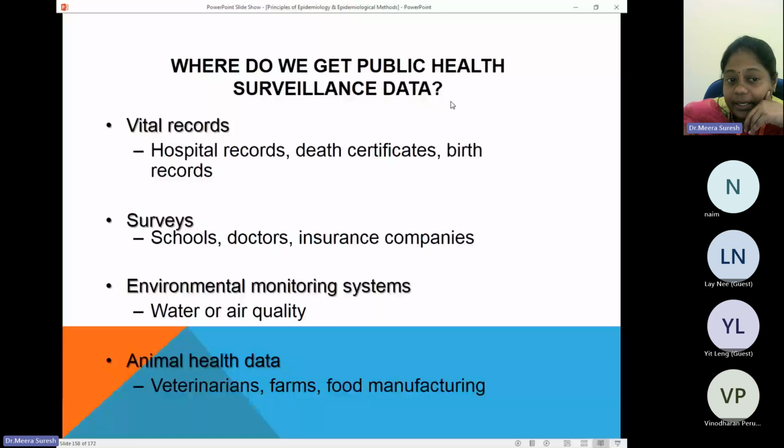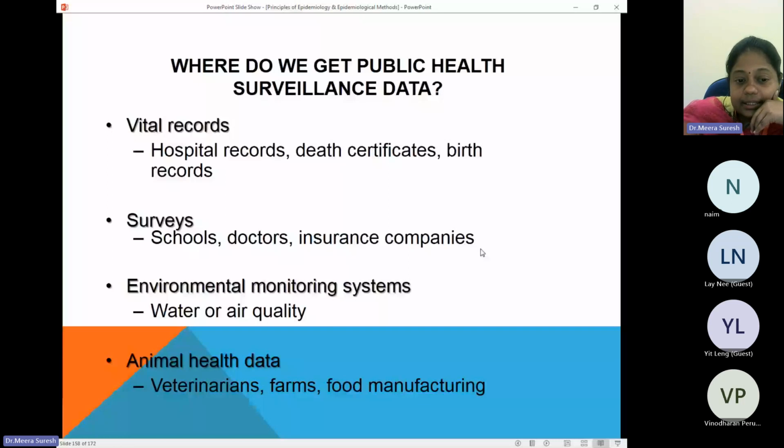You can go for the vital records like hospital records, death certificate, birth records, not for tuberculosis, but for any other thing. Then you can conduct a survey in the school if it is seen in younger people, or if it is adult, you have to go according to that, do the survey in colleges or higher educational institutions.